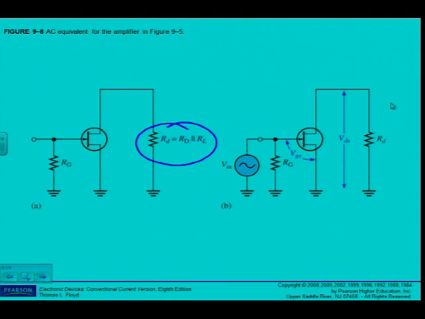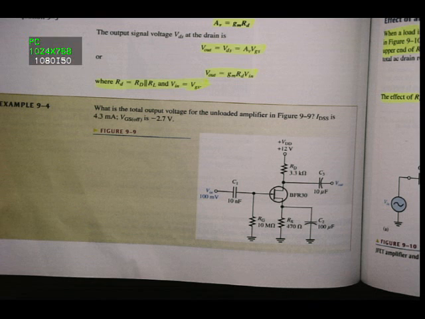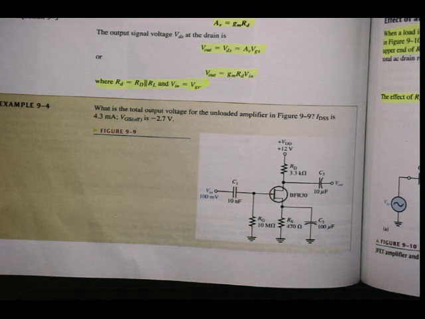Then I have to calculate Rd, which is RD in parallel with RL. And of course, you can already imagine, as we will see just now, that it has an influence on the voltage gain. Okay, the AC equivalent circuit is shown in figure 9.8a.